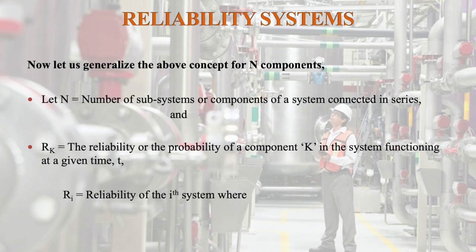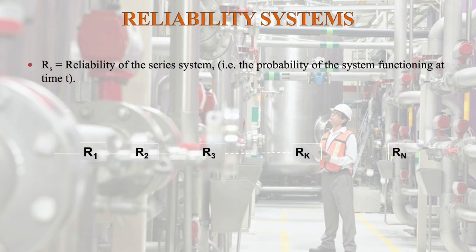Then Ri is the reliability of the ith component, where i is equal to 1 to n. So Rs is the reliability of the series system, that is the probability of the system functioning at t.